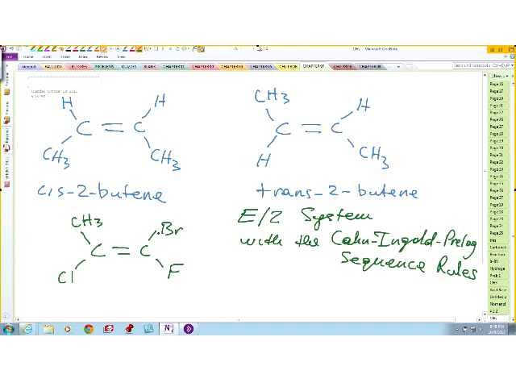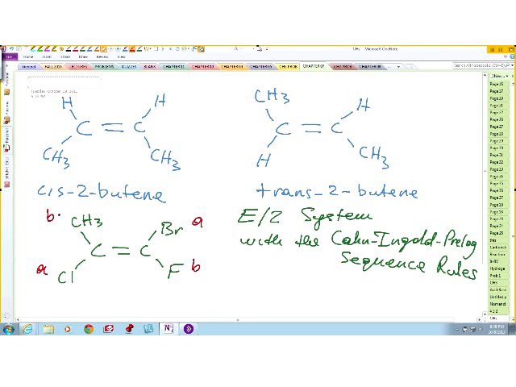And then you assign priority to the groups or atoms attached to that carbon based on atomic number. So here, bromine is A and fluorine is B. And then we come to this carbon, we assign priority again. Which is A? Chlorine, right? Okay. And the carbon here is B.